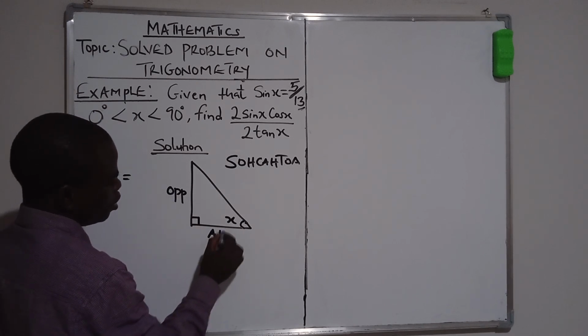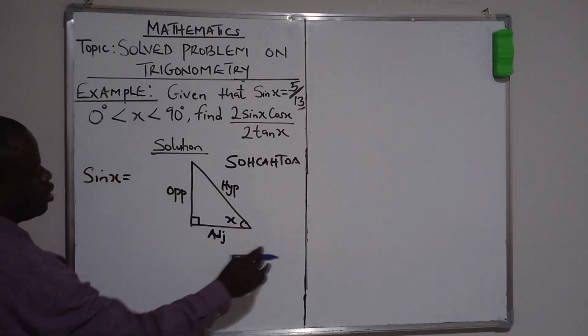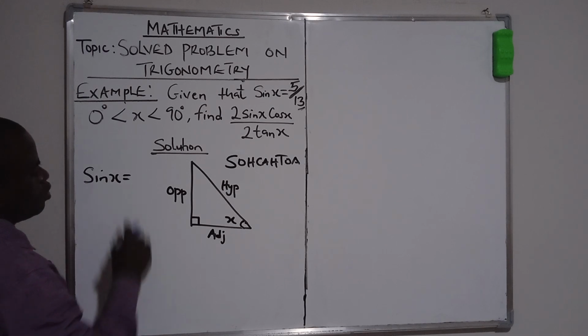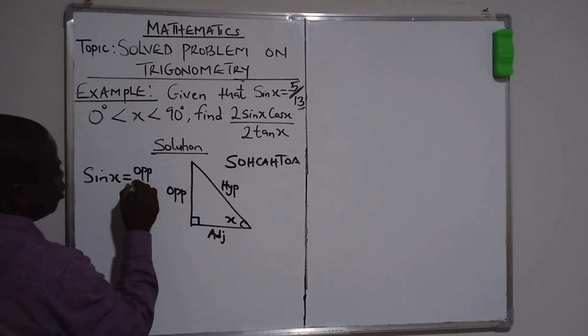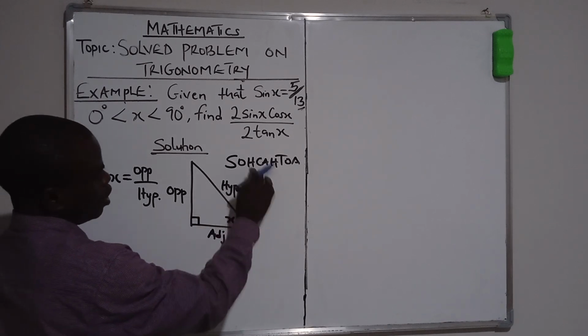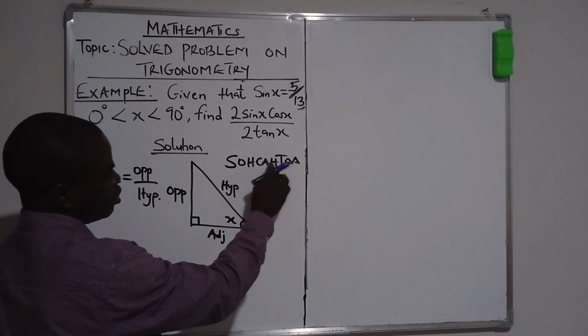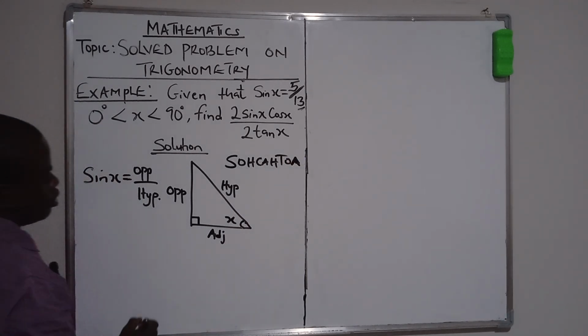The down is the adjacent. This is the hypotenuse. The longest side is the hypotenuse. Sine x equals opposite over hypotenuse, cos x equals adjacent over hypotenuse, tan x equals opposite over adjacent.